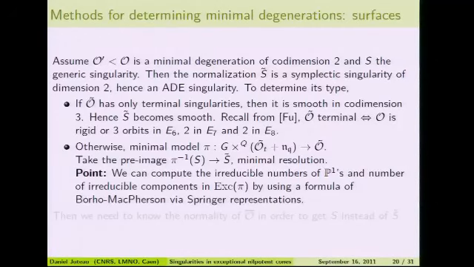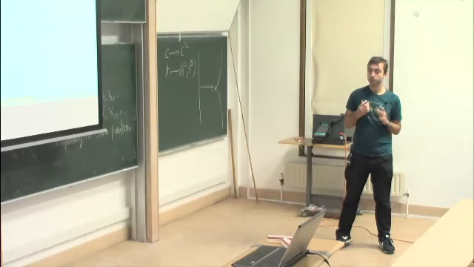And this happens when they are, so you have an action of the group of components. And so this happens when they are in the same orbit. But the number of irreducible components in the exceptional locus is also given by a formula involving Springer representations.